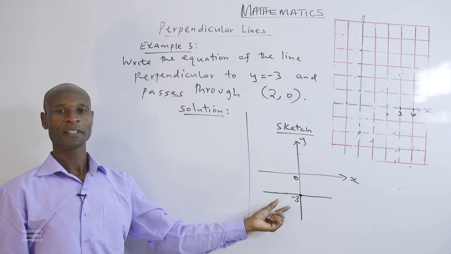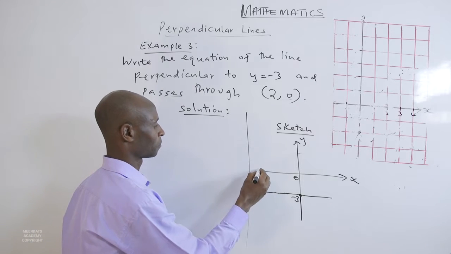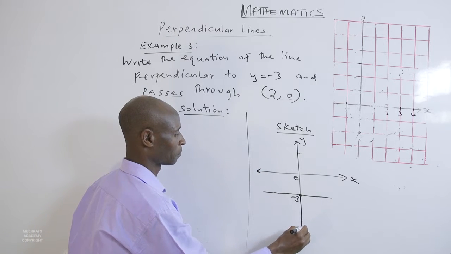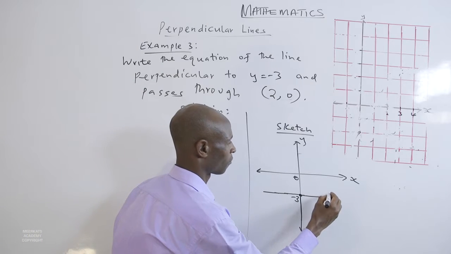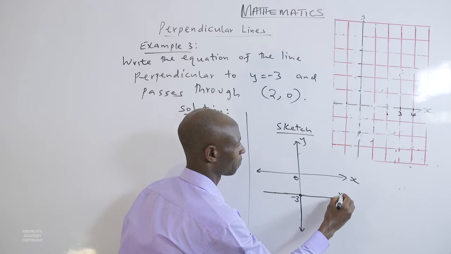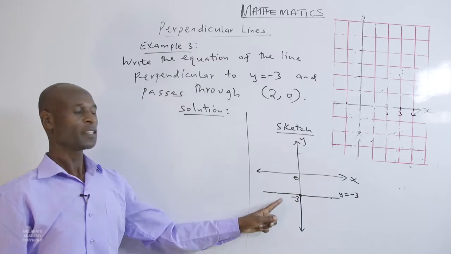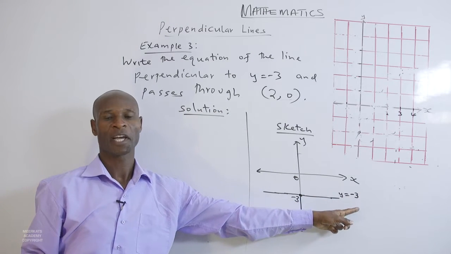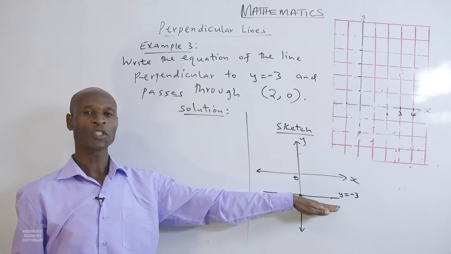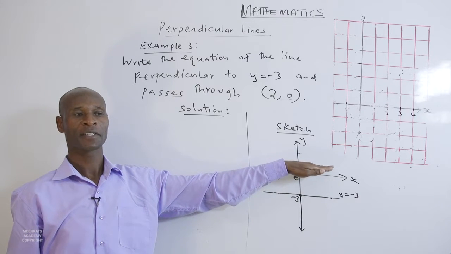The line y is equal to -3 is a horizontal line parallel to the x-axis.